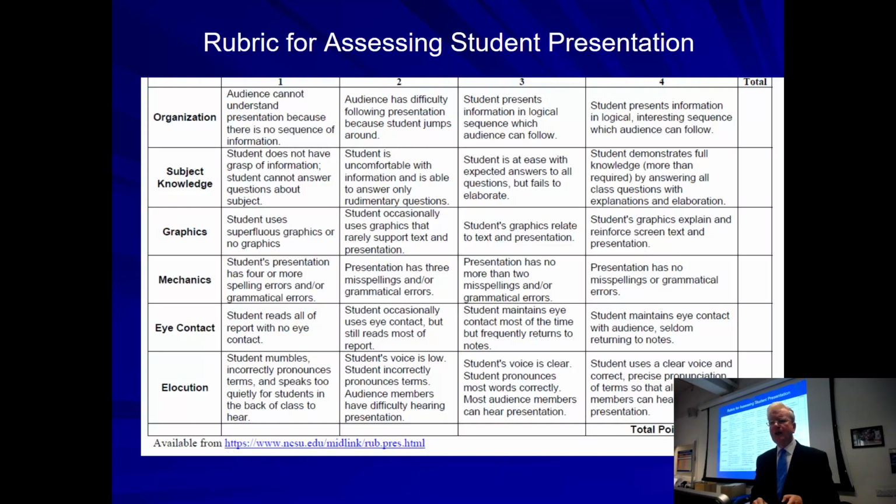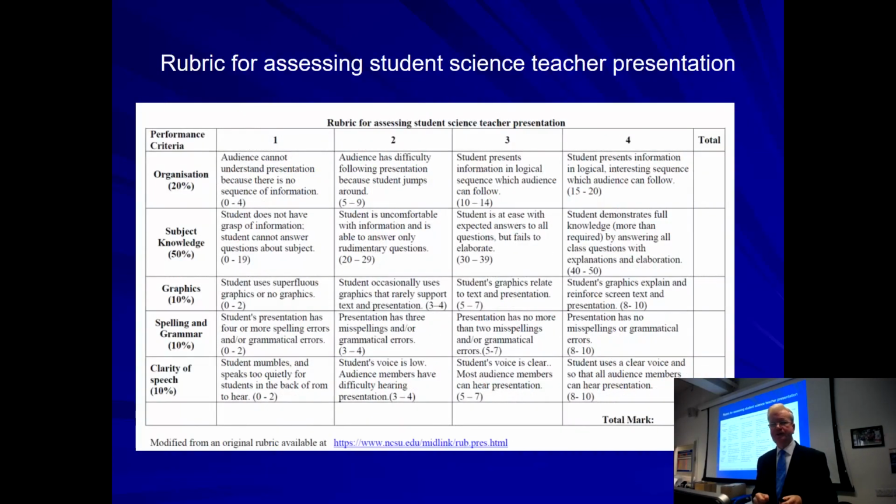Now, this is a rubric that I came across for assessing a student presentation online when I was looking myself to develop a rubric. The nice thing about rubrics is that there's loads of them online and you don't have to start with a blank page. So I took this rubric and modified it for my own uses.